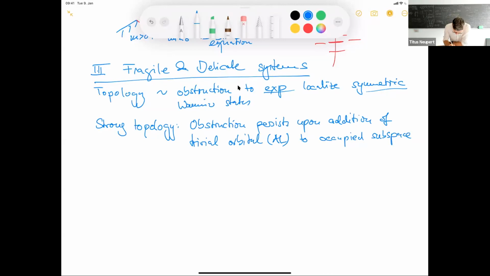And then fragile topology is if the obstruction is trivialized by this.